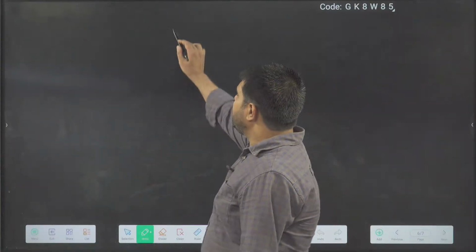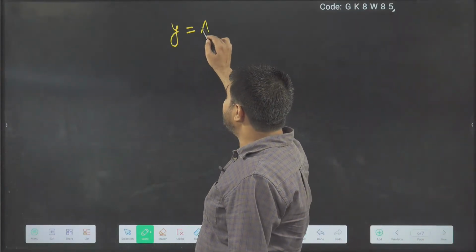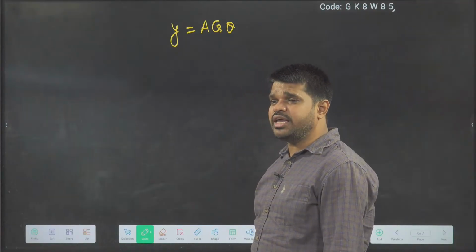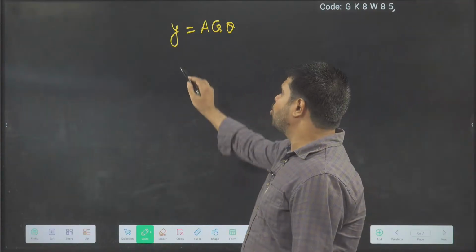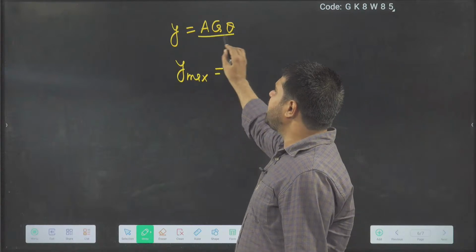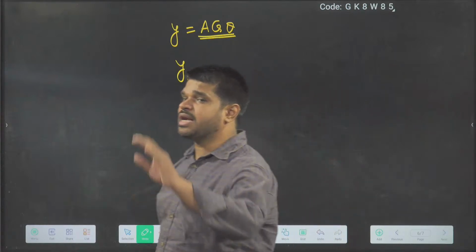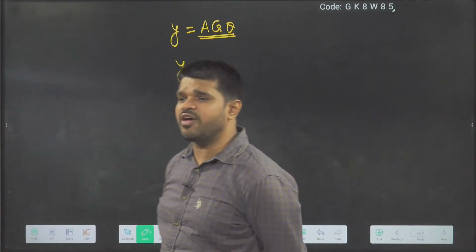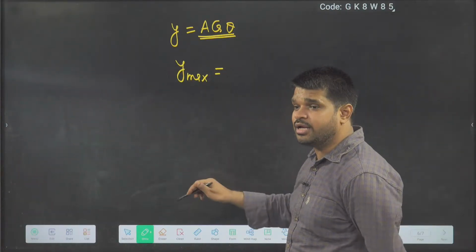See, if y equals a cos theta, who will tell me the maximum value of y? A cos theta. Maximum value of cos is plus 1. So what is the maximum value of y?